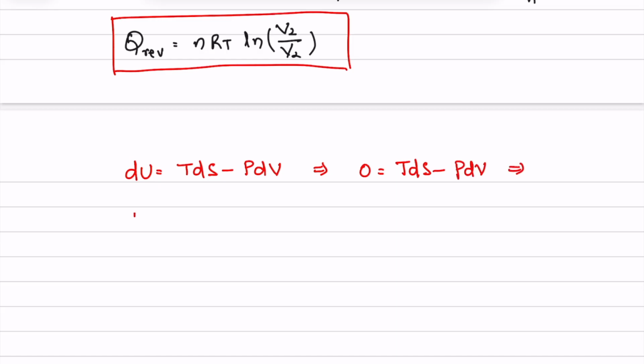That implies TdS is equal to PdV, and that implies Q reversible is equal to W is equal to nRT into ln V2 by V1.